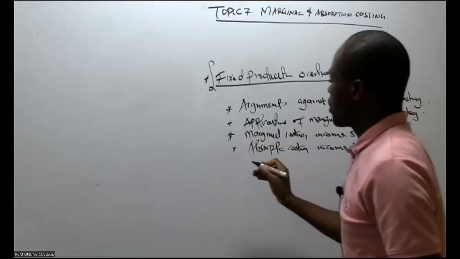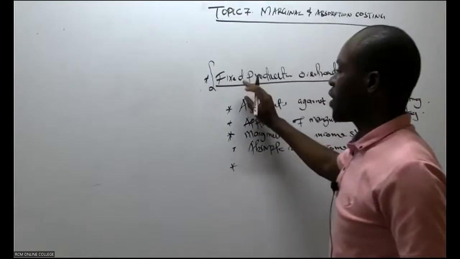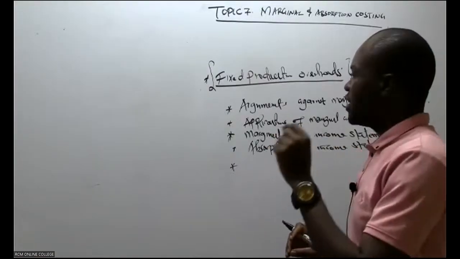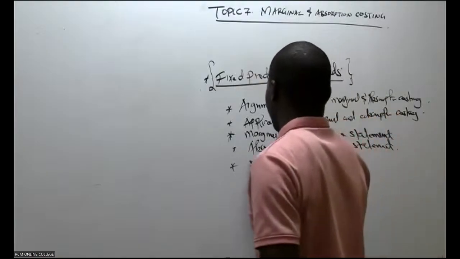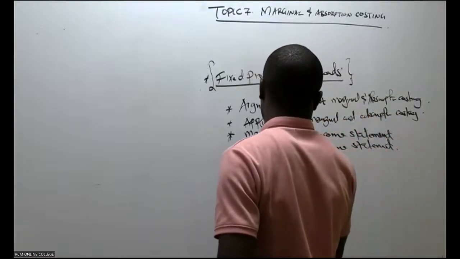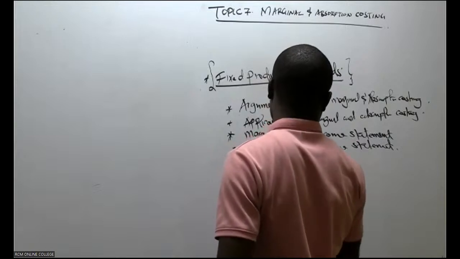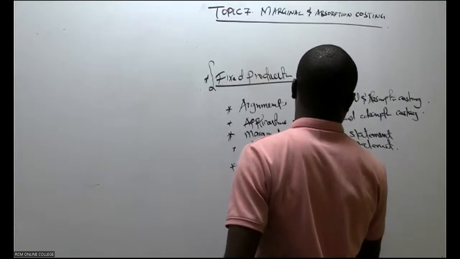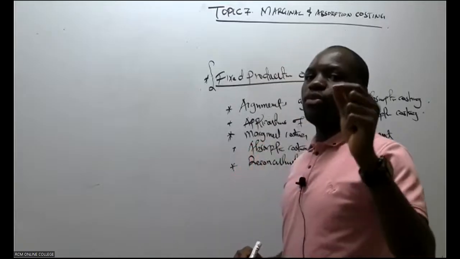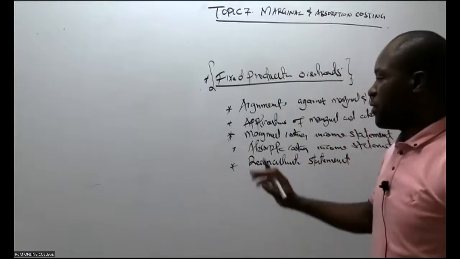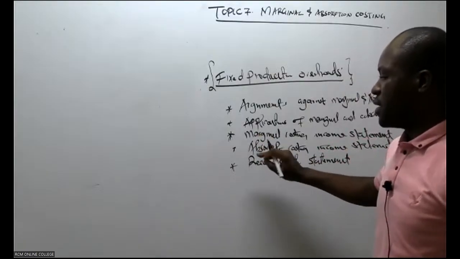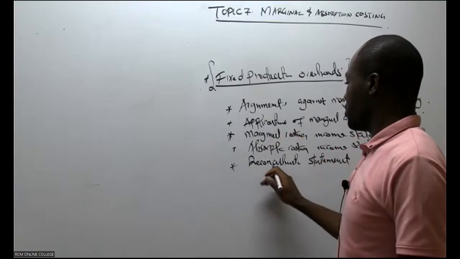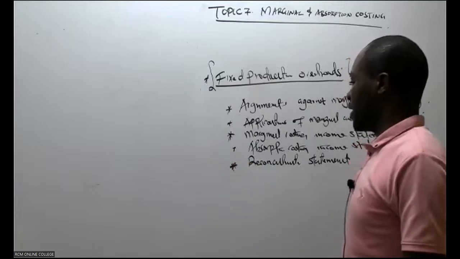And therefore, because the profits are going to be different, yet the same data set is what you're going to use, you must be able now to go ahead and give us a reconciliation statement that is going to help you to reconcile the different profits as per marginal and the profits as per absorption costing. So you must be able to come up with the reconciliation statement.